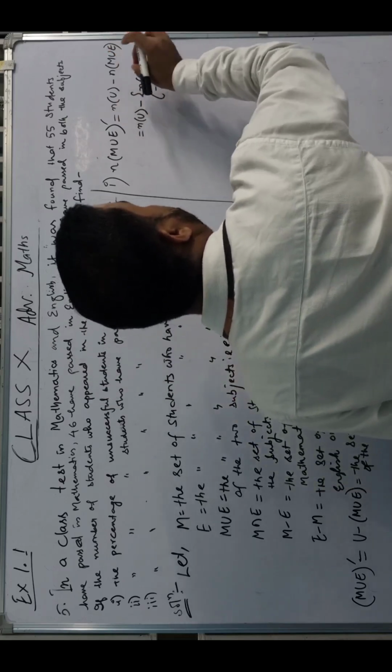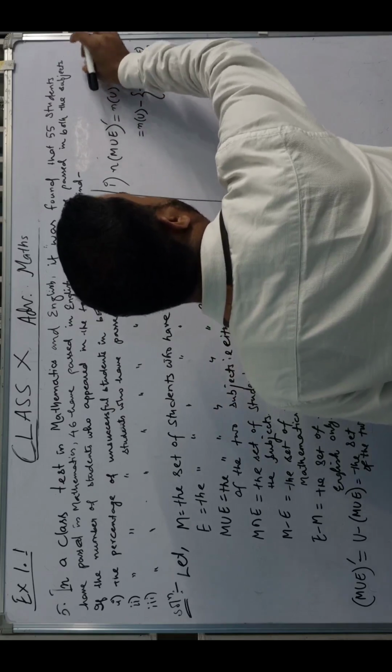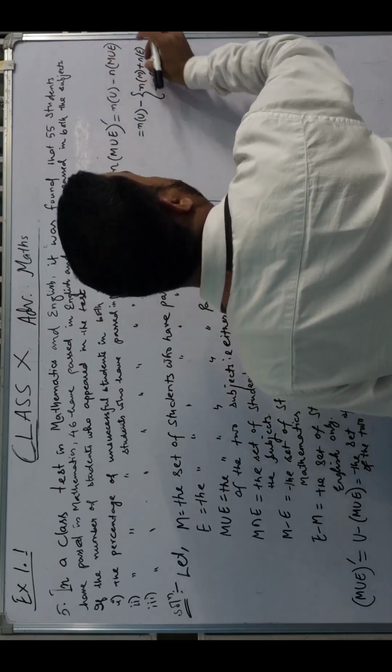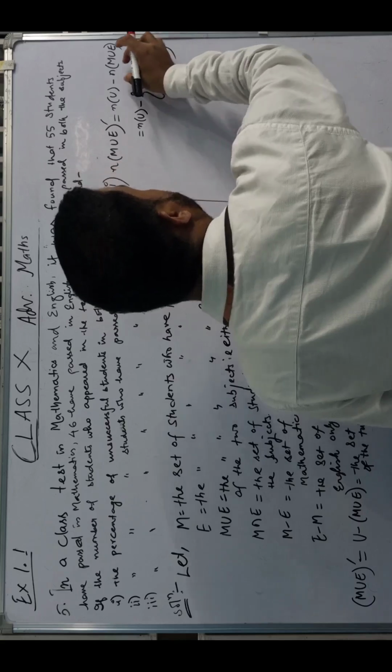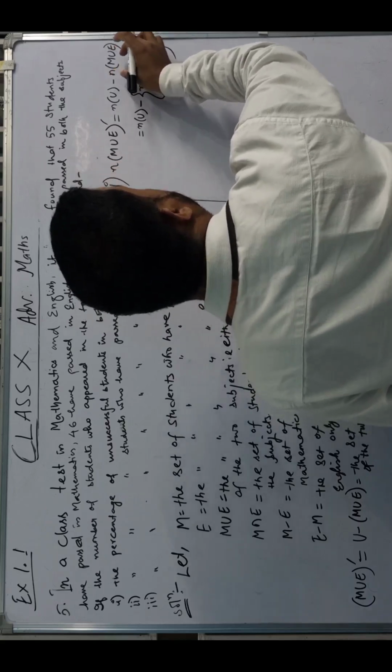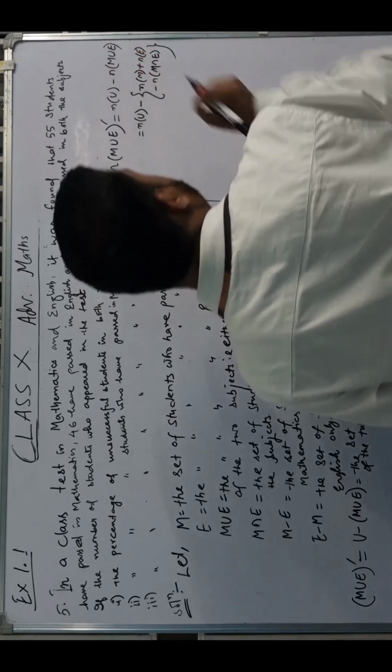Number of A union B is equal to number of A plus number of B minus number of A intersection B. Here instead of A and B, we are using the sets M and E.